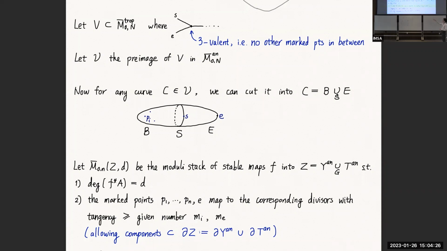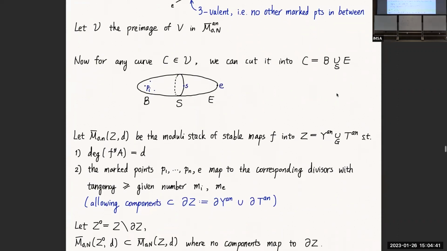And we also allow some components to lie in the boundary. When we have components lying in the boundary, the associated tangency is taken to be infinite.